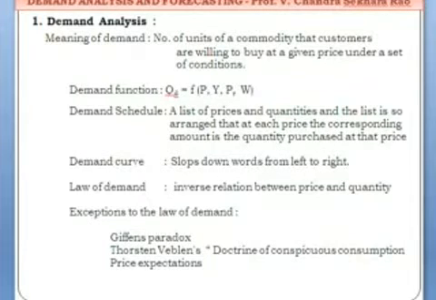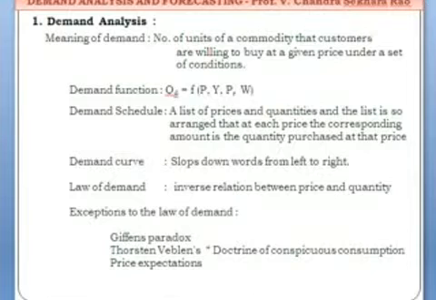That means a change in any one of the independent variables will cause a change in the dependent variable. For example, when there is a change in price, there will be a change in quantity. Similarly, when there is a change in income, there will be a change in quantity. So a change in an independent variable will cause a change in the dependent variable. That is how you have to write any function. Let us start with the meaning of demand.